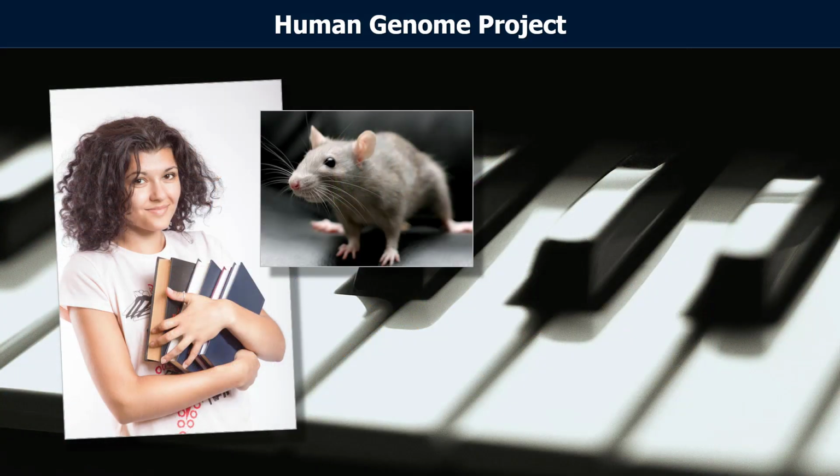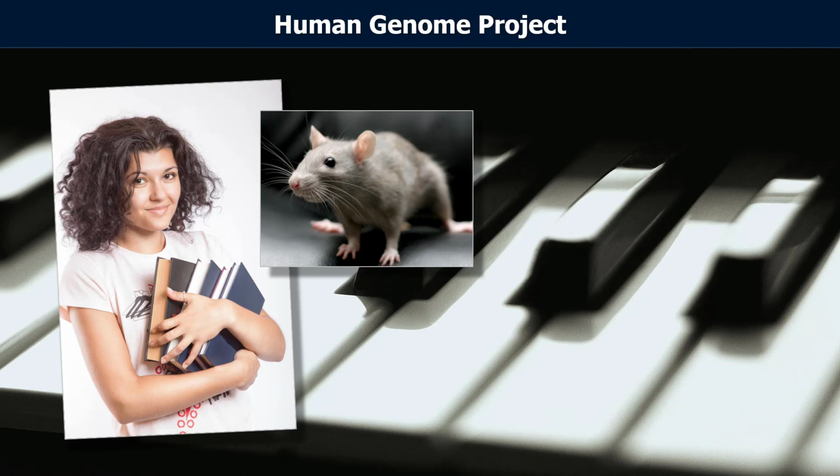The question became, how can two organisms have such different phenotypes and yet such similar genotypes? How can the same set of genes, essentially the 22,000 genes, result in brains that compose symphonies and brains that hunt for cheese? It really was a puzzling question.